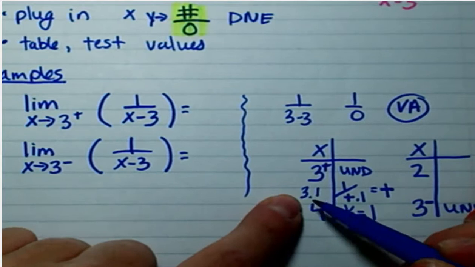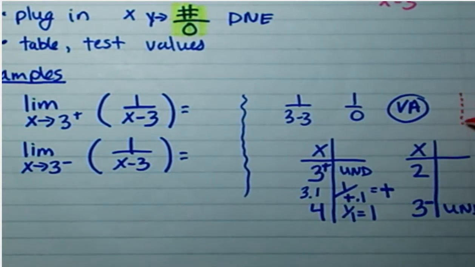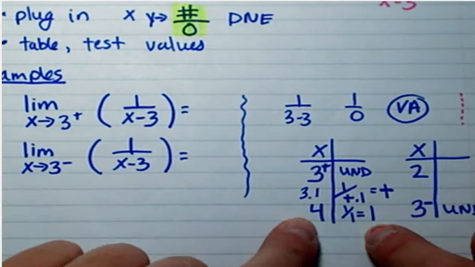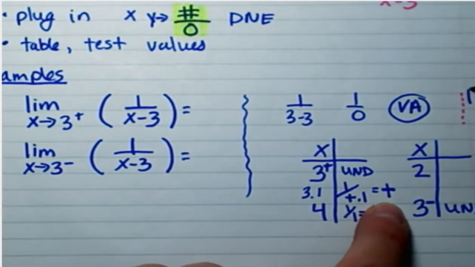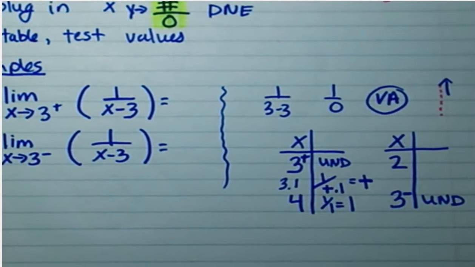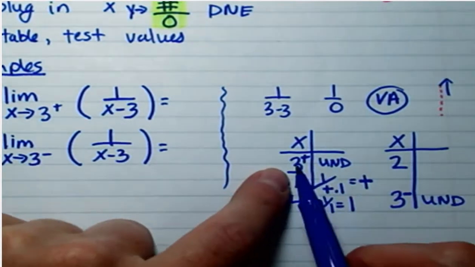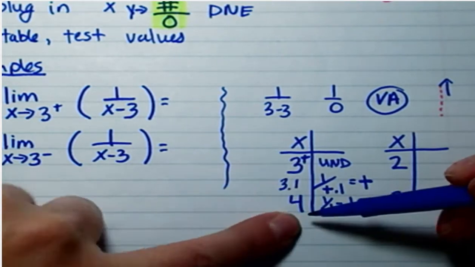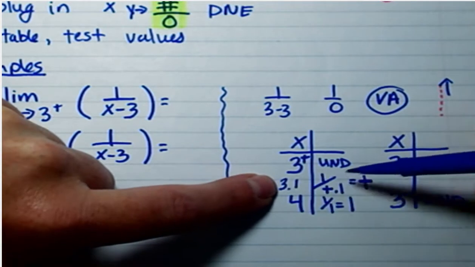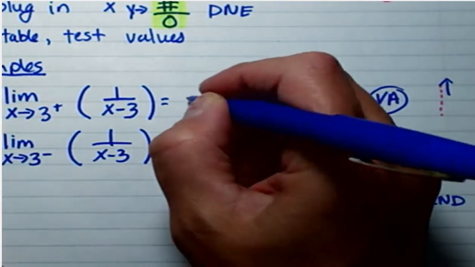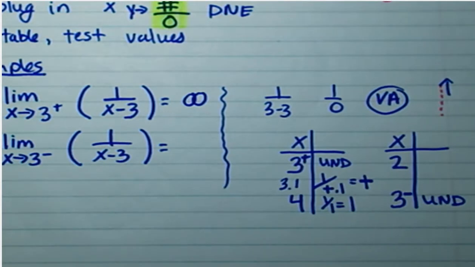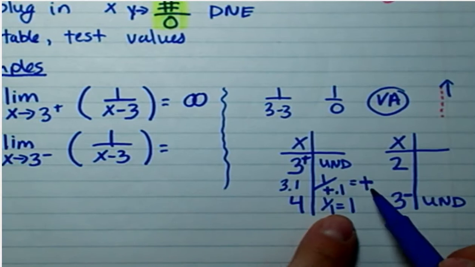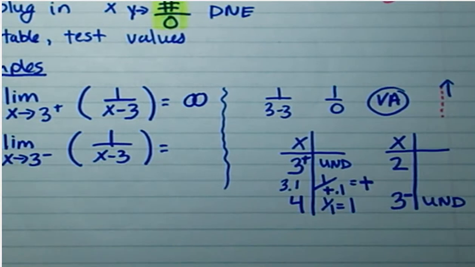And when I get really close to my asymptote, on the right side, I'm getting a positive number. That means that the arrow does this. I got divided by 0, so I know it's a vertical asymptote. I tested numbers to the right of 3 that were really close, and I got a positive outcome. There are only 2 answers at a vertical asymptote, positive infinity or negative infinity. That's it. The arrow either points up or it points down. All you have to do is figure out whether it's positive or negative.